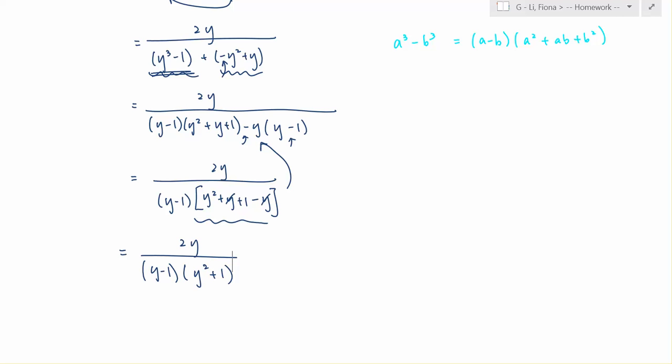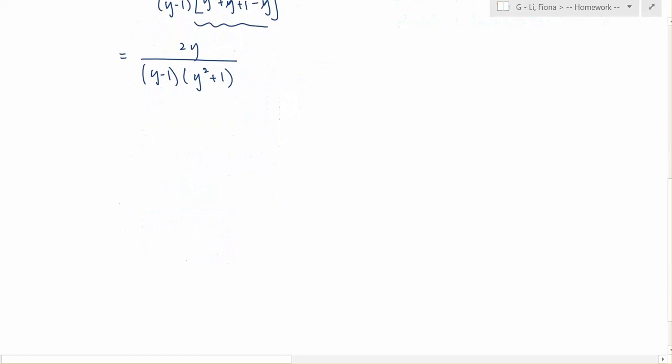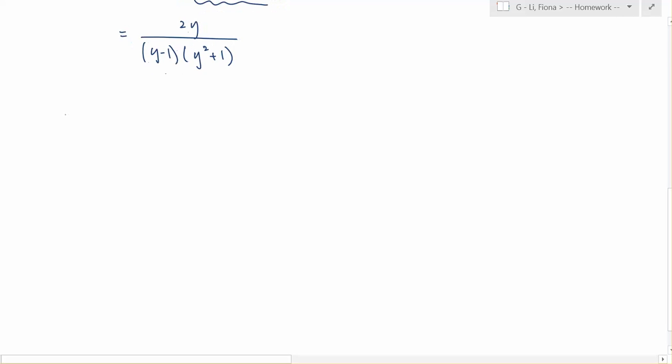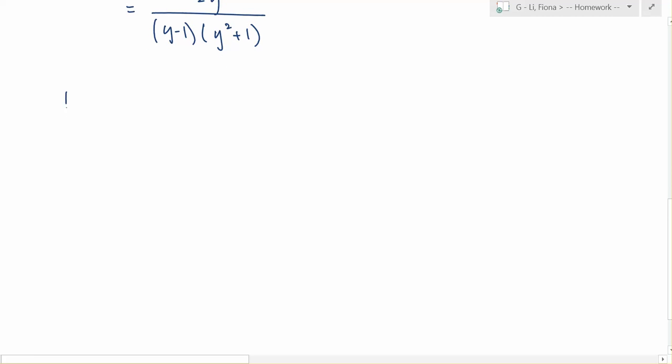And now is the fun part. We have to represent our thing into a partial fraction. And so we will start with A over y minus 1. So this is our first term, and we'll get By plus C over y squared plus 1.